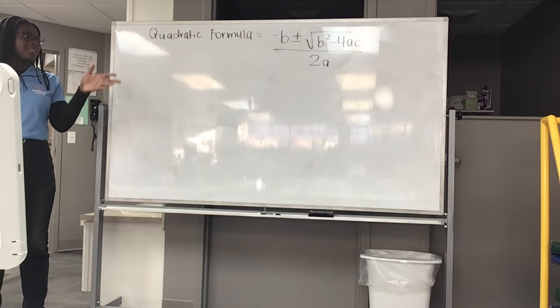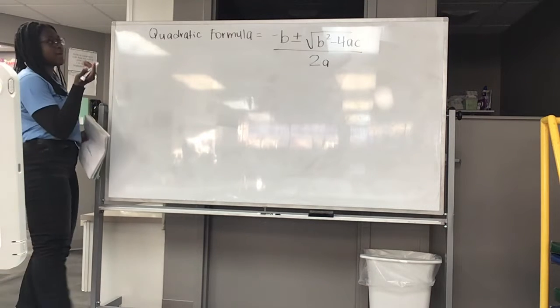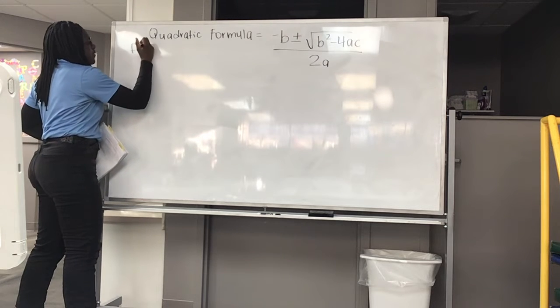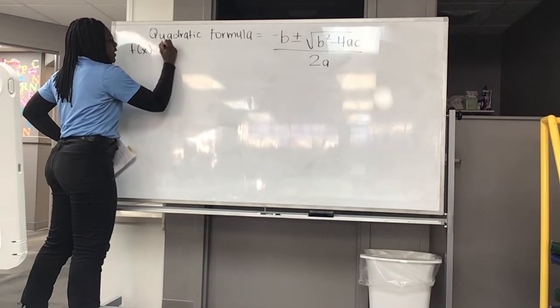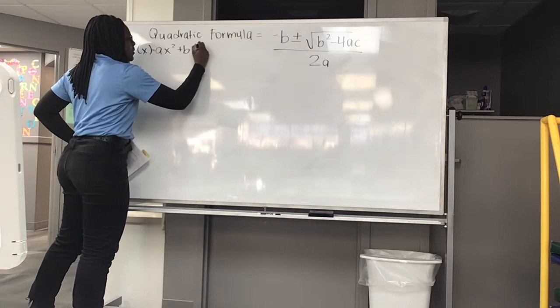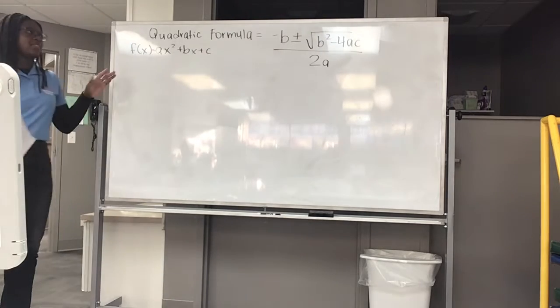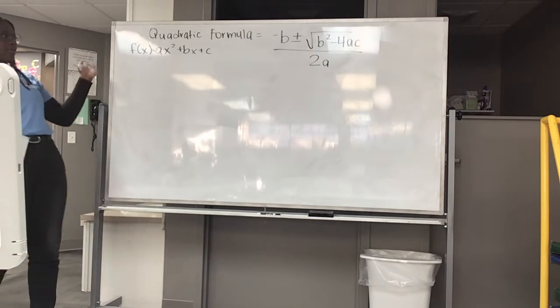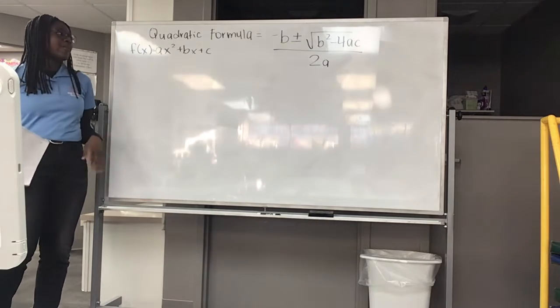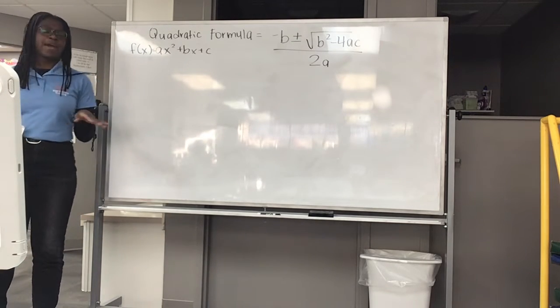And so the a's, the b's, and the c's come from our quadratic function, which was ax squared plus bx plus c. So we're still using those a's, b's, and c's, except now we're plugging them into this formula. Which is kind of scary looking, but it's actually not too bad.